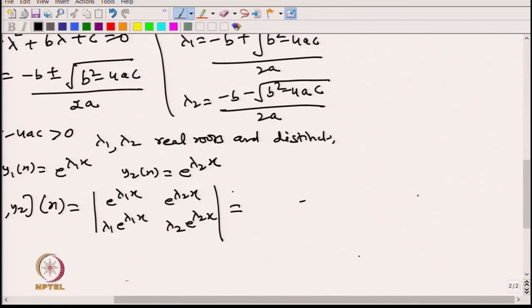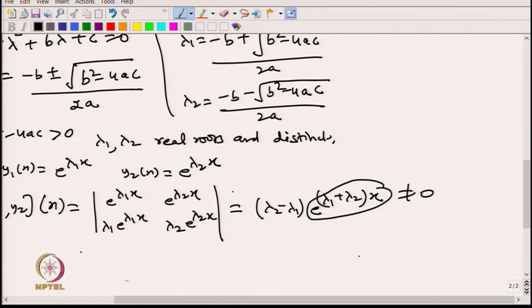If I find the determinant, it becomes lambda 2 minus lambda 1 times e raised to power lambda 1 plus lambda 2 times x, because this will be multiplied by minus this one. I know that this exponential part is never 0, and since lambda 1 is not equal to lambda 2, the Wronskian is never 0.